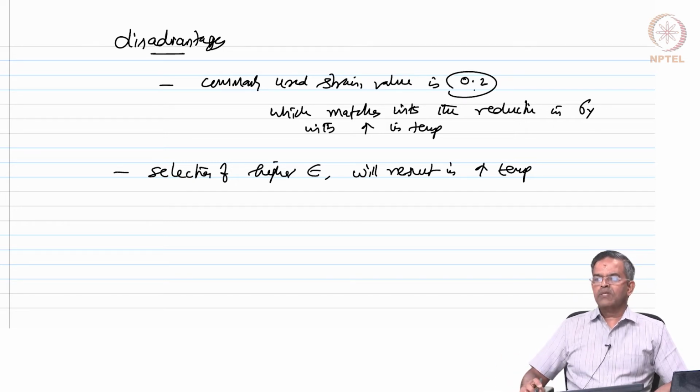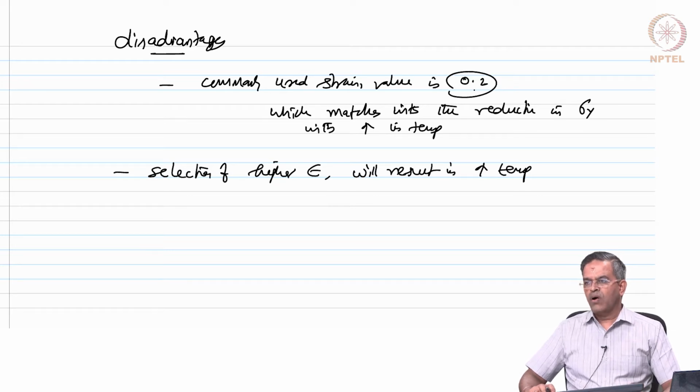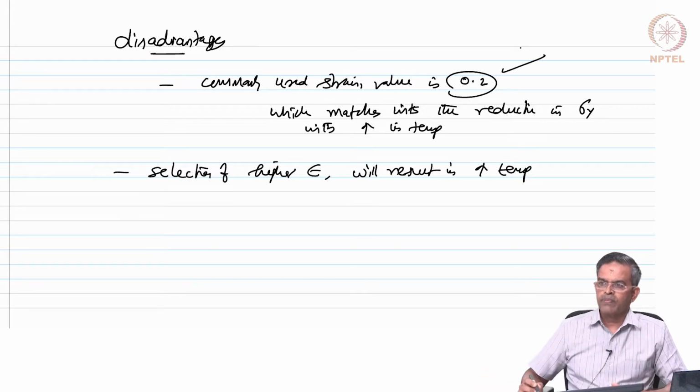In the last lecture, we discussed the strain variation in steel with respect to temperature. So, either you pick up the strain value for a specific temperature or for a specific strain pick up the temperature. So, the procedure says you pick up the stress value for a specific temperature for the critical members, but when it assigns the strain value, it is 0.2.